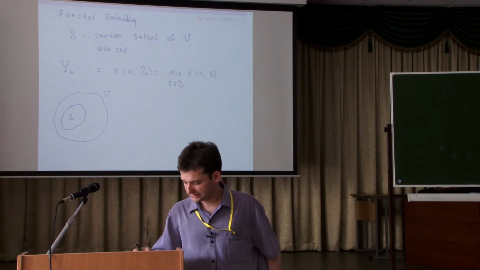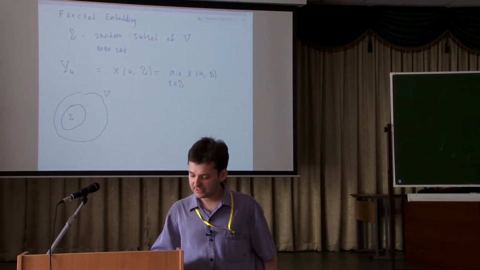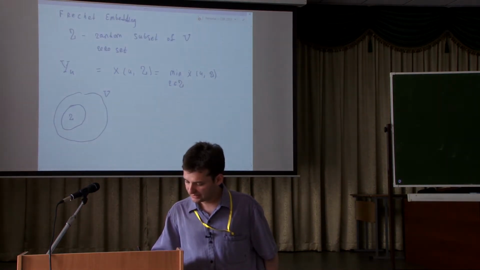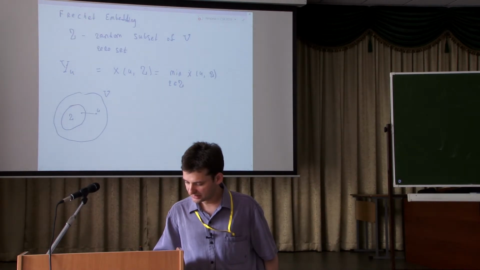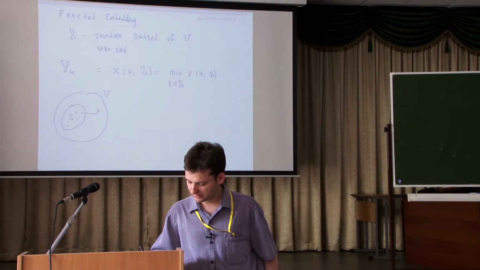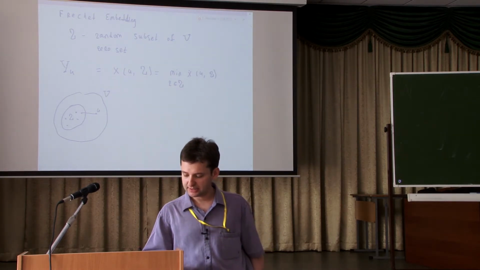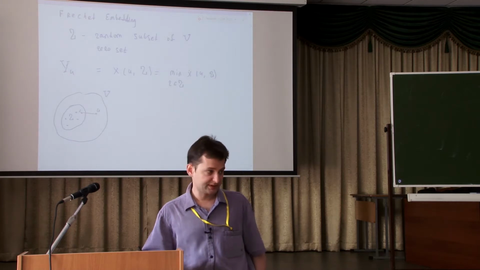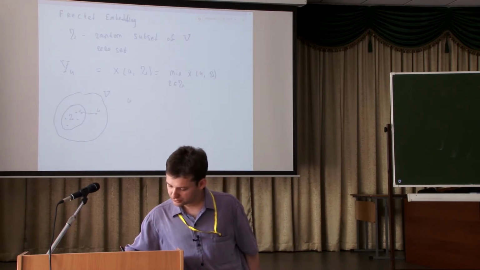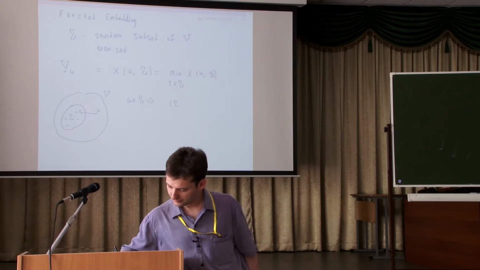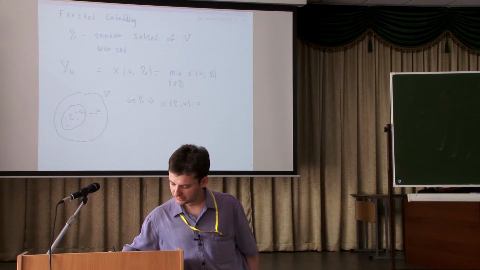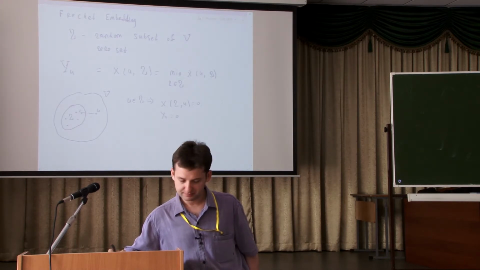So Z is a random set, and for this random choice of Z, we define variables Y sub U. Y sub U is just equal to the distance between this vertex U and Z. We take the closest vertex in Z and look at this distance from Z to U. Particularly if U belongs to the set Z, then of course the distance from Z to U is equal to 0, and because of this, Y sub U is equal to 0.